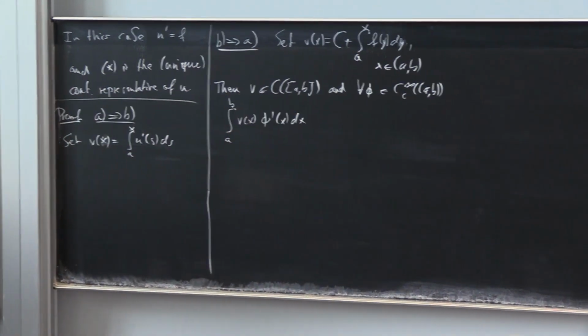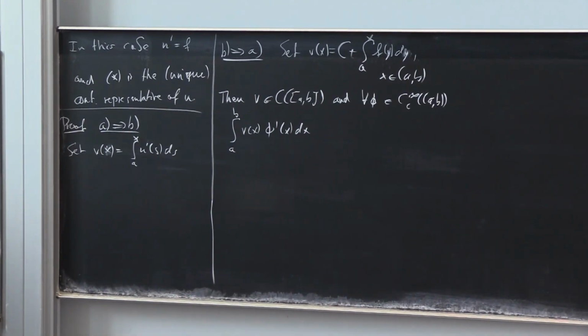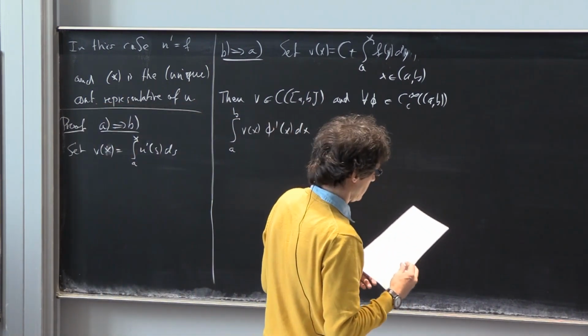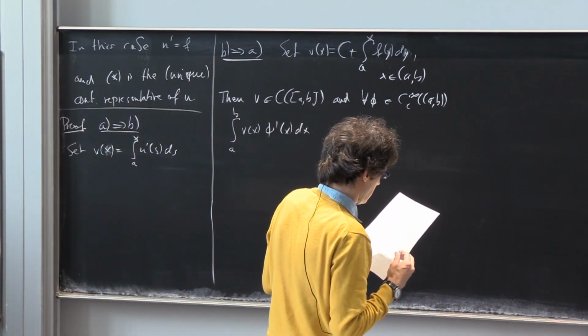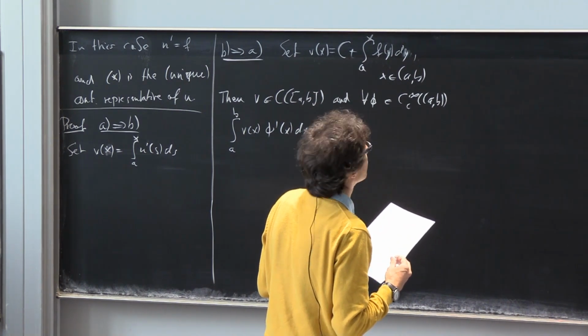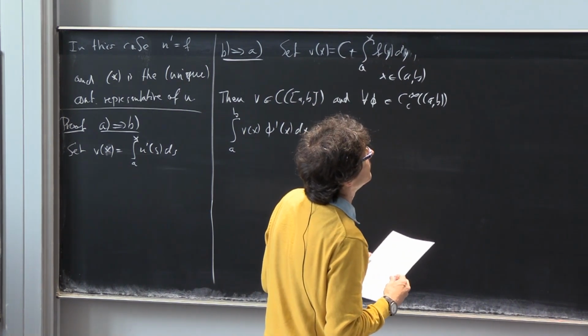We want to show that v is weakly differentiable, and then that v prime is f.